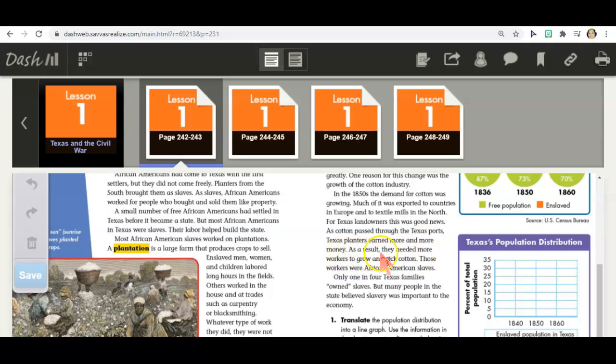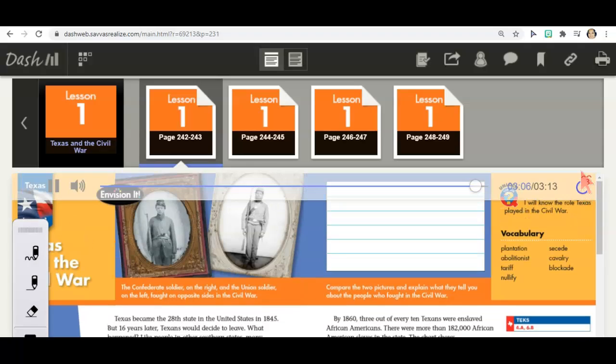As a result, they needed more workers to grow and pick cotton. Those workers were African American slaves. Only 1 in 4 Texas families owned slaves, but many people in the state believed slavery was important to the economy. Activity one: translate the population distribution into a line graph.